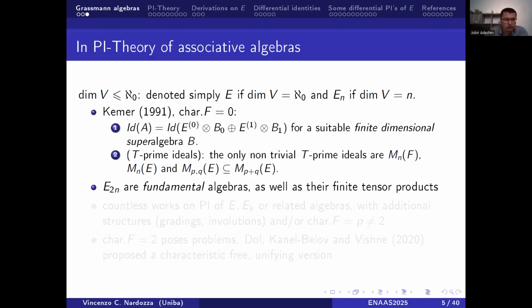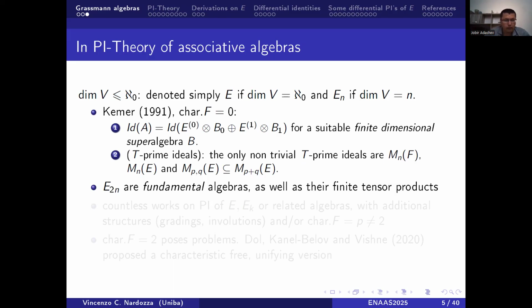In my limited concern, which is PI theory, Grassmann algebras are considered of at most countable dimension. The Grassmann algebra in PI theory is the one corresponding to a vector space V with infinite countable dimension. And when the vector space is of dimension n, we denote it simply by E sub n.